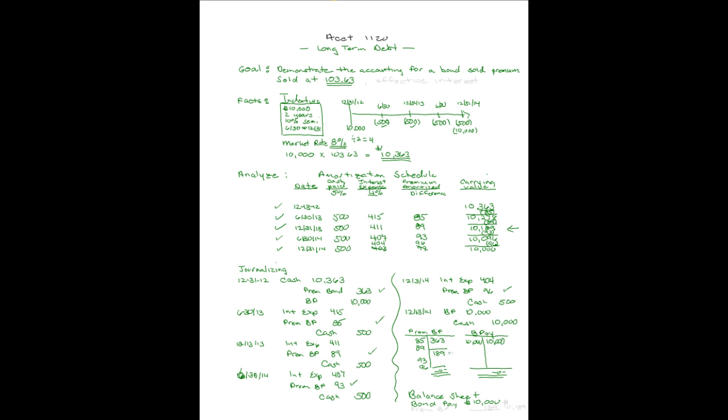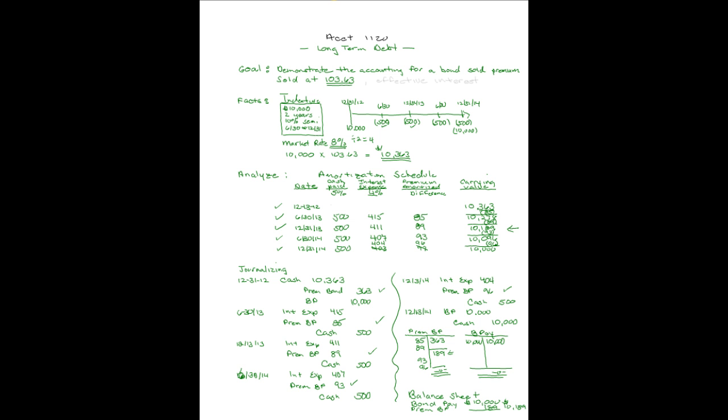And I grabbed your bonds premium account at that time when we were posting, and the premium on the bond would be at $189, as you can see. So on the balance sheet, the bond would show at $10,189, its carrying value. And notice that that ties to our amortization schedule as well.